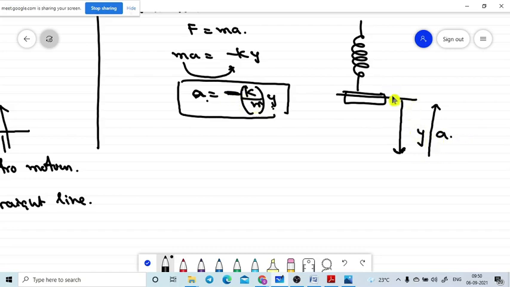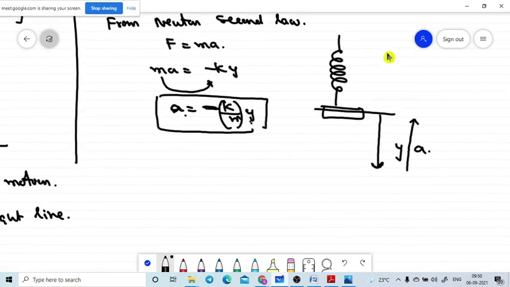Now let me go to this side. The body is up here, so this is the displacement direction. But what is the direction of the acceleration? The body will try to go in the downward direction, that is the acceleration direction.